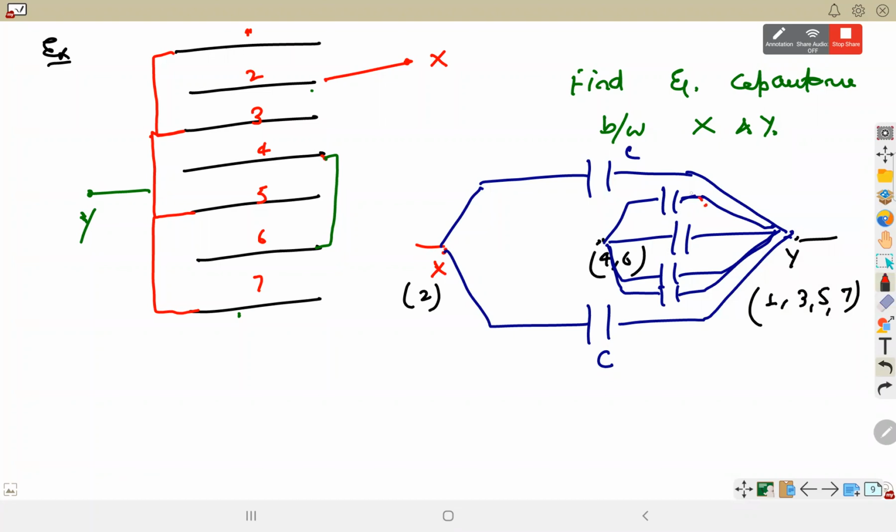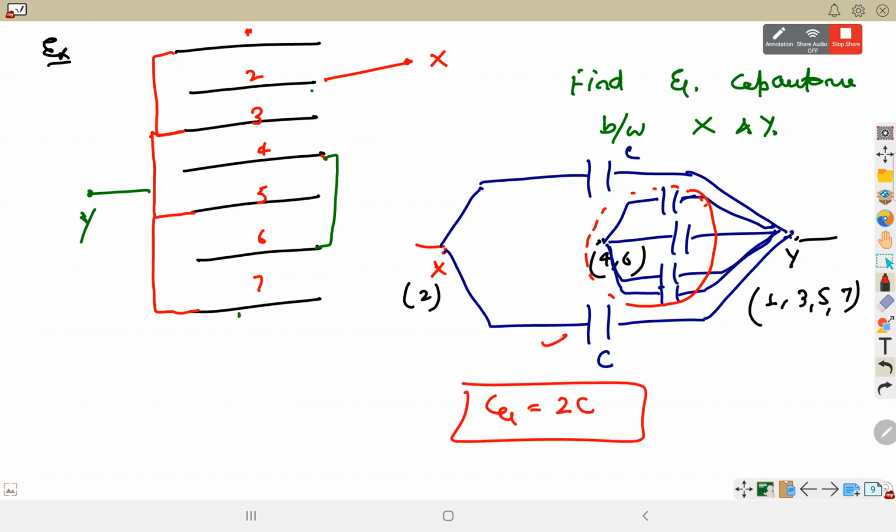Because the circuit is not completed, this part will not be working in the circuit. Only these two capacitors are acting, will have charge.